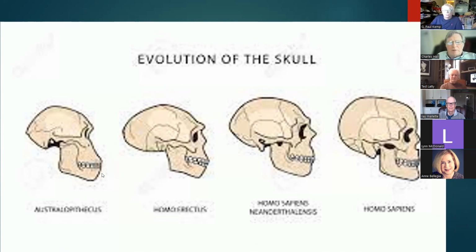This is called prognathism when it sticks out. The zygomatic arch, which you can feel right here, where the muscles that work your jaw come down from, becomes less pronounced. And the ridges over your eyes become less and less. All of these, apparently, natural selection doesn't hang on to things it doesn't need.